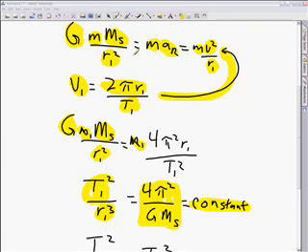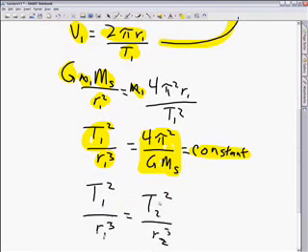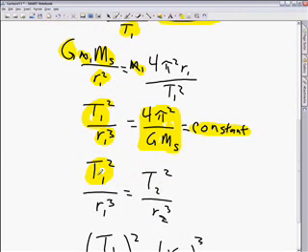So we could go through this whole thing, and instead of doing R1s, we could do R2s. Instead of T1s, we'd have T2s. And we get the same formula, but with T2 and R2. Okay? So that means that T1 squared over R1 cubed would be equal to T2 squared over R2 cubed.